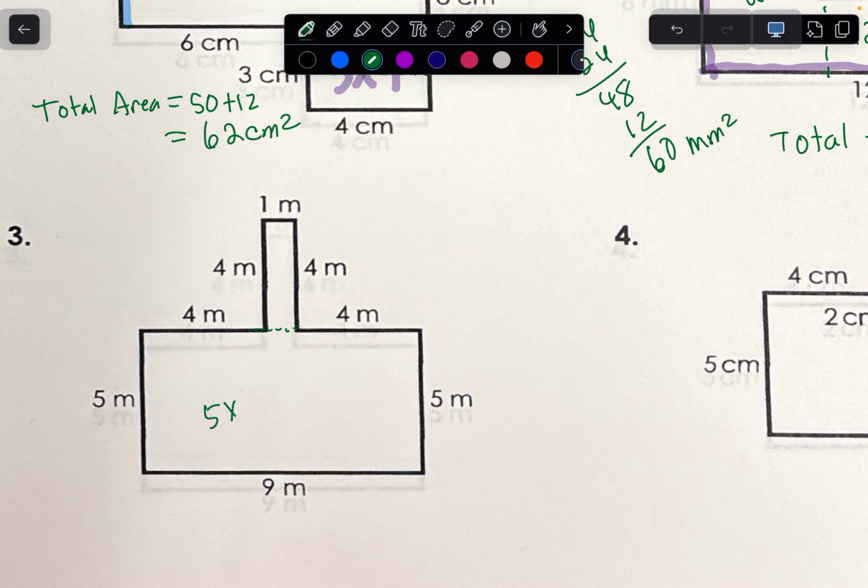So 5 times 9 is 45, and our units are meters, so it's square meters. This one, sometimes they're clearly marked, but like the last one, sometimes you have to do some calculations. This one is marked as 1 by 4. 1 times 4 is 4 square meters. So then just total it up. 45 plus 4 is 49 square meters.